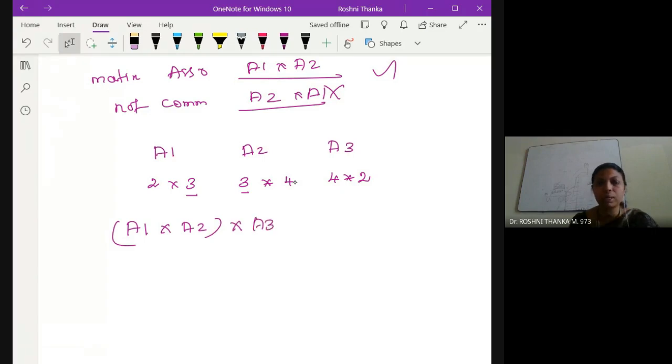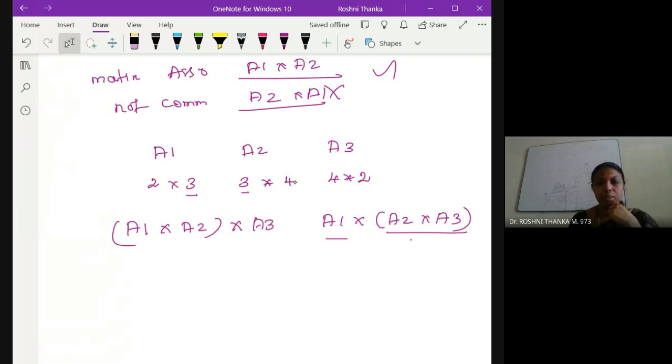This is one choice. What is the other choice? I can multiply like this. A2 and A3 will be multiplied first, and the result which I get here will then be multiplied with A1. So when I have 3 matrices, I have 2 possibilities to do it, right?